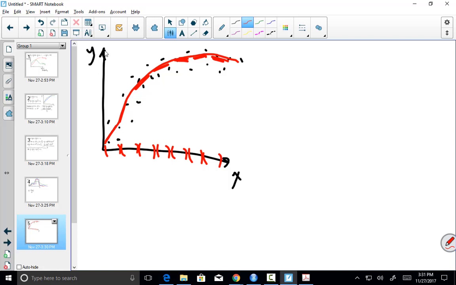In R, I'll show you a built-in function that's very helpful for guiding the eye in a scatter plot called lowess. So if you've ever heard of lowess curves, that's local regression. It's a smoother curve.